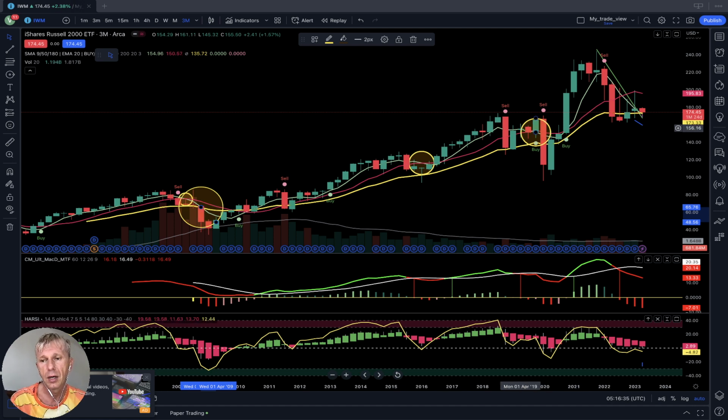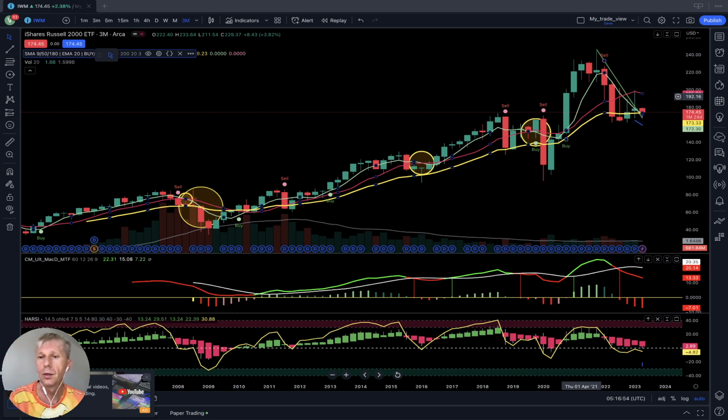It's the first time after 14 years that MA5 already did a bearish crossover. It is getting into the bearish trend. It's getting into the bearish crossover.